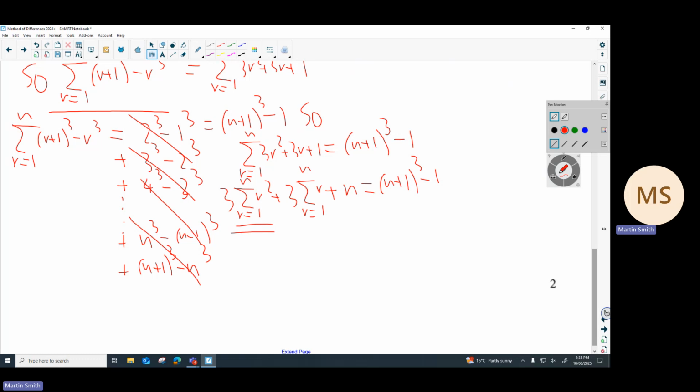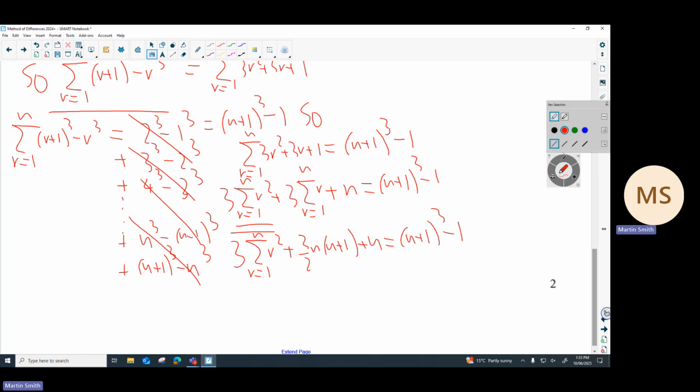Now, this is the thing we're looking for an expression for. So what I'm going to do now is replace the sum from r = 1 to n of r using the previous formula and then rearrange to make this the subject. So 3 times the sum from r = 1 to n of r squared plus, that's 3 times 1/2, which is 3/2 n(n+1), plus n must be equal to (n+1) cubed minus 1.